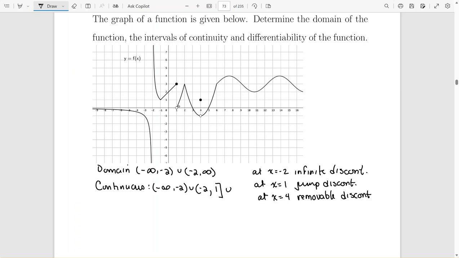Or pick it up on the right side, 1, 2, and then at 4, we have a parenthesis. And then 4 all the way out to infinity. Okay, so that's where we're looking at continuity.